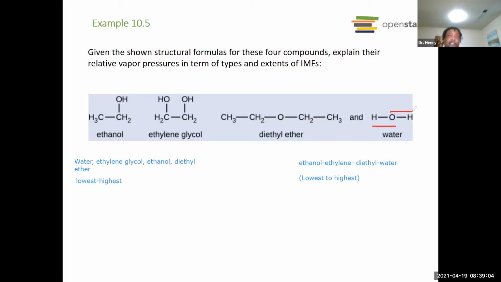Because of that, they're going to connect stronger, so it's going to be a lot harder to separate them. So you're going to have less vapor pressure if there are hydrogen bonds involved. We know that OH allows for that hydrogen bonding. These guys have two OHs as well that allow for hydrogen bonding. And with ethanol, we have this group here, which I should circle, that is also involved in hydrogen bonding.